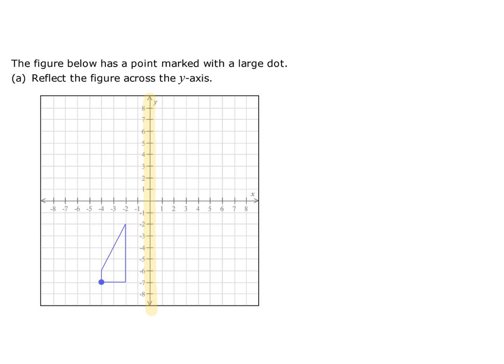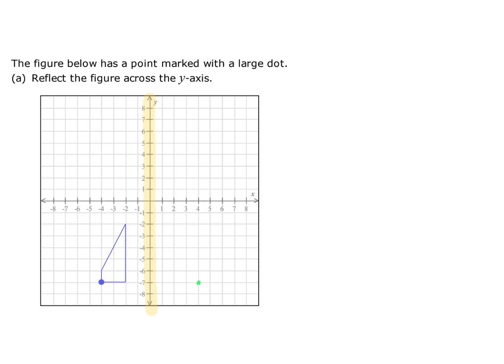So I would like you to count and decide where that's going to go. How many units away from the line of reflection is it? Hopefully you said that was 4 units away from the line of reflection. 1, 2, 3, 4. Remember, we have to make it all the way over. So I'm going to count 1, 2, 3, 4 units away and place it right here.